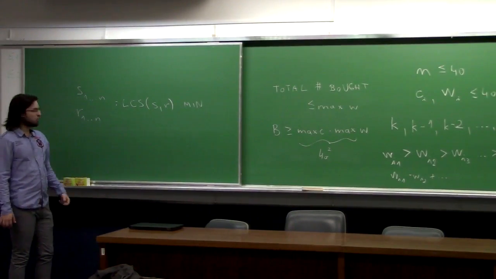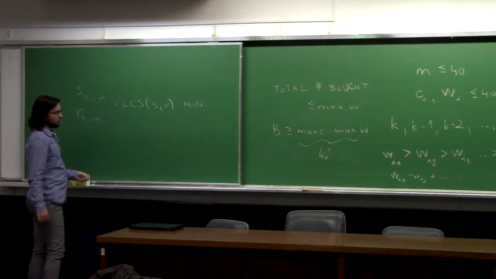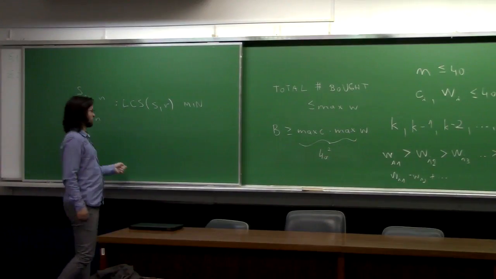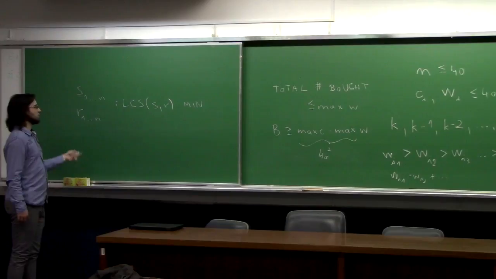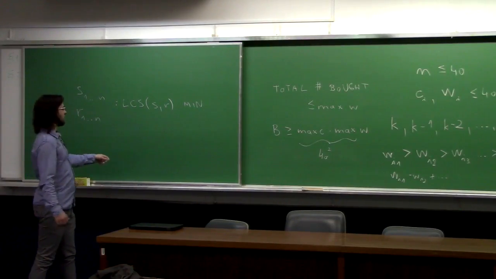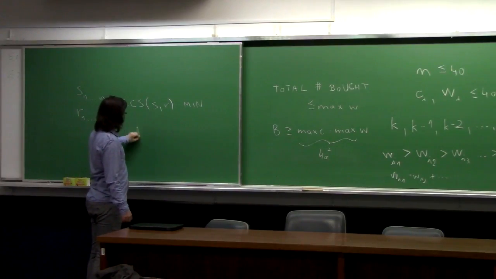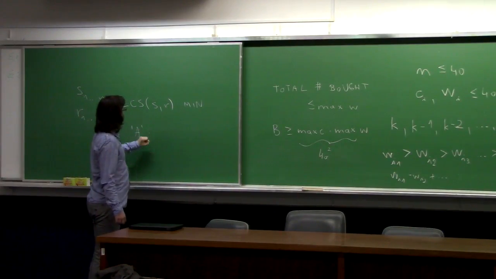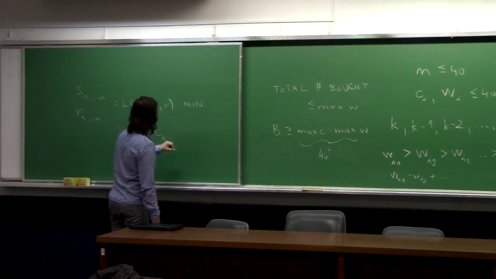But in this case, we just need to notice that if there are four characters, 4 letters in this string S, and we also need to use these 4 letters in string R. And let's just say that the character A, for example, appears C8 times.